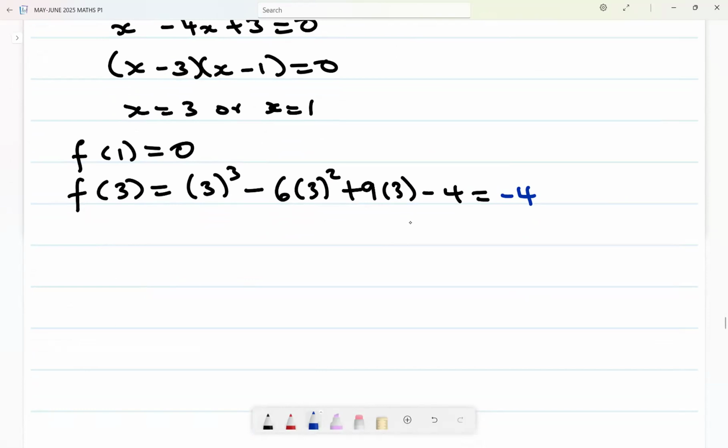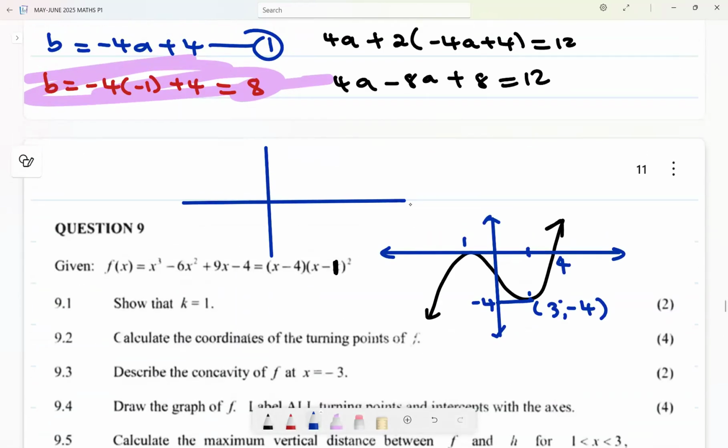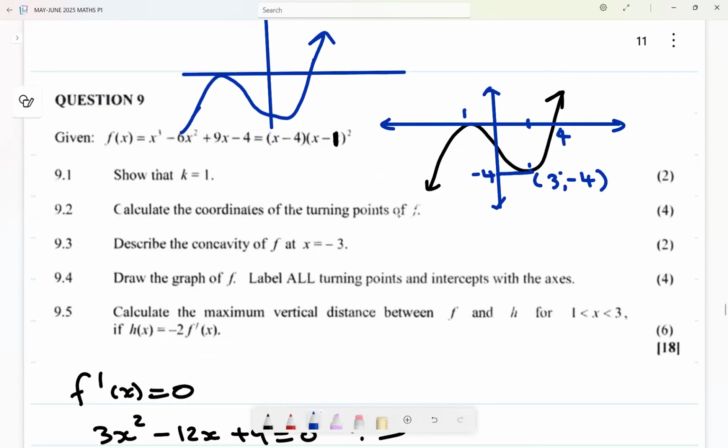I get -4. How is it that -4 is going to match my y-intercept? Guys, there's no way, literally no way, unless I made a mistake somewhere. Let me see.